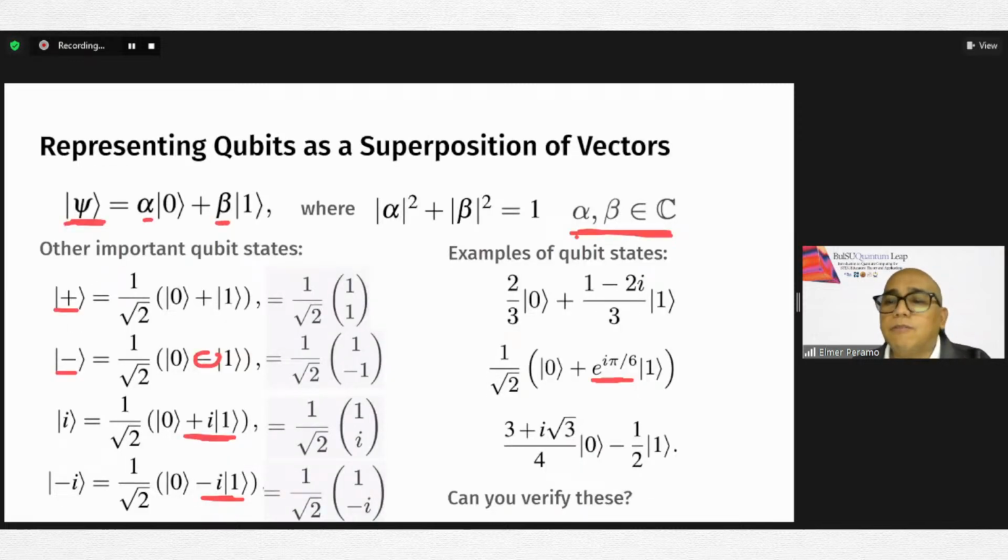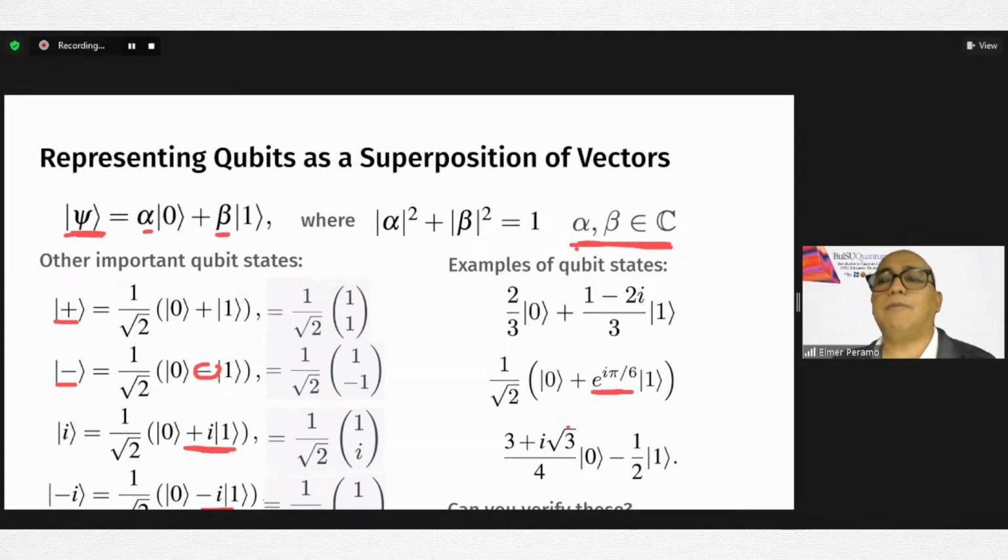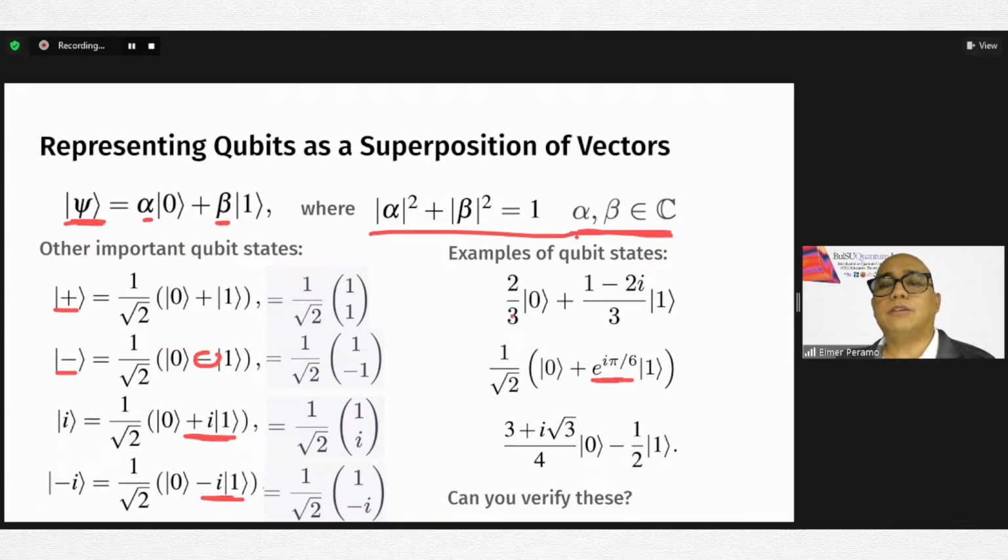How can we verify that these are valid qubit states? We can verify that using this formula. You get the absolute value of these, square them, and see if they add up to 1. Let's try this one, 2/3.